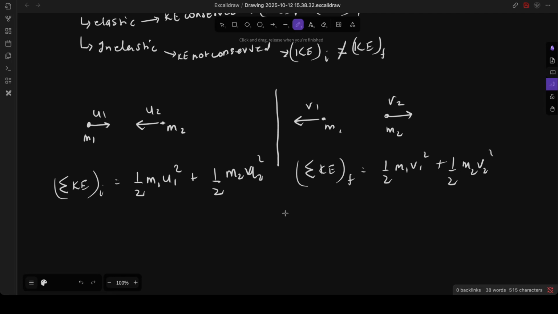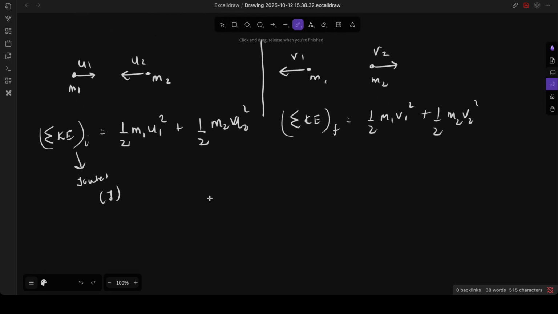Once you figure out the kinetic energy, the unit of kinetic energy is joule. Again, I'm repeating, it's very important. If you're measuring some quantity, you should mention the unit. So the unit is joules, which is indicated by letter J, capital J. So here, if your initial kinetic energy of the system was equal to final kinetic energy of the system, then it is an elastic collision.